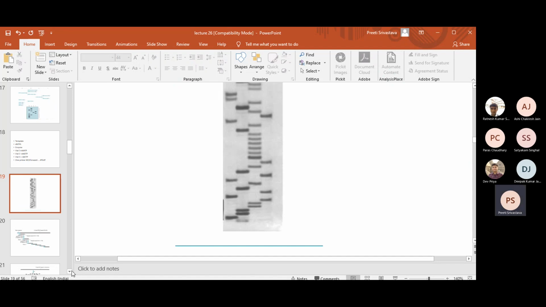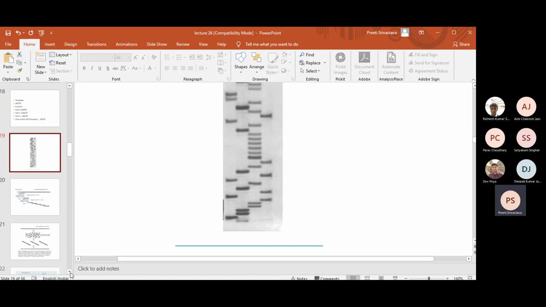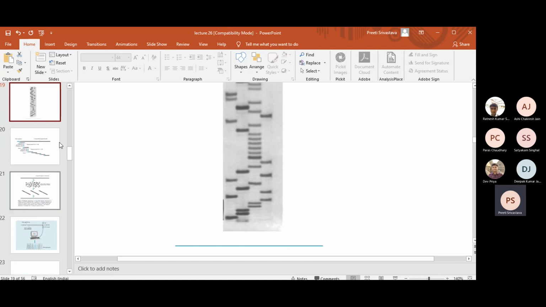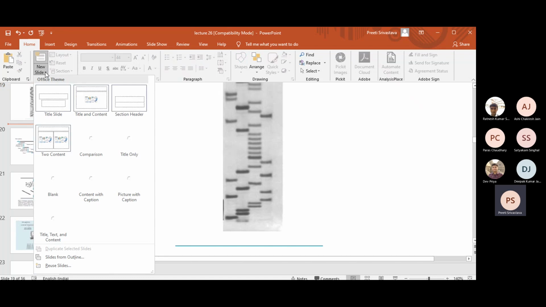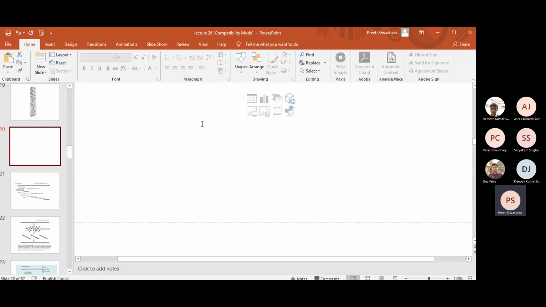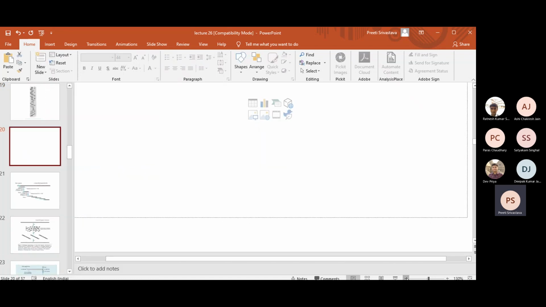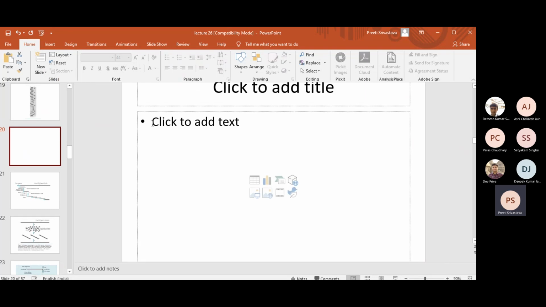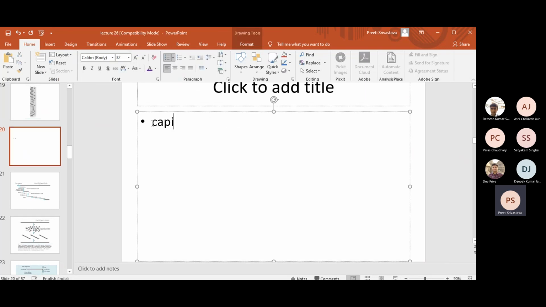In the tiny capillary they pack the polyacrylamide gel, along with formamide, which is the denaturant.